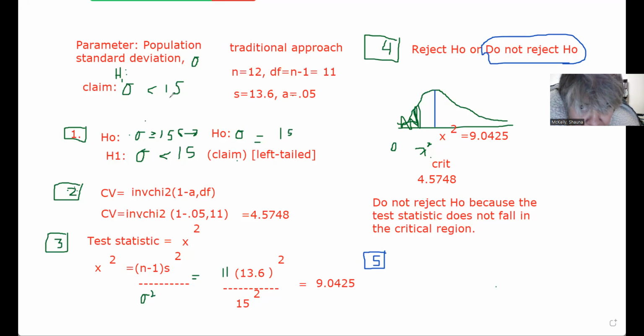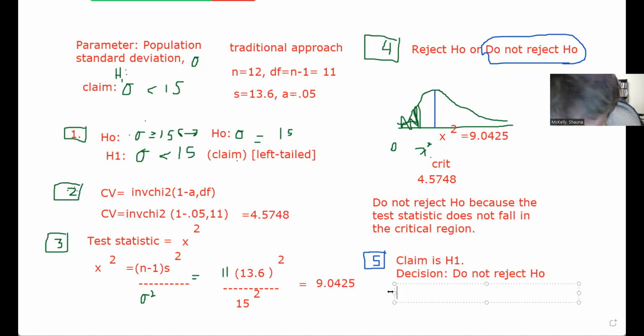Our claim was H1, and we did not reject the null. Sometimes she'll ask you to write both. Your claim is H1, we know that from step 1. Your decision was do not reject H0. Therefore, your summary will read this way.